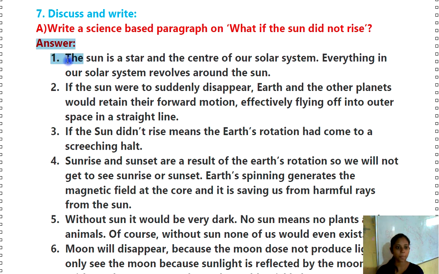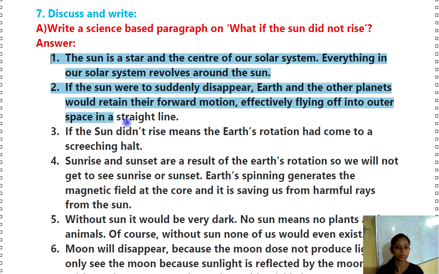Answer: the sun is a star and the center of our solar system. Everything in our solar system revolves around the sun. If the sun were to suddenly disappear, Earth and the other planets would retain their forward motion, effectively flying off into outer space in a straight line.